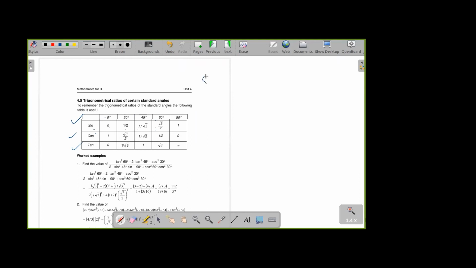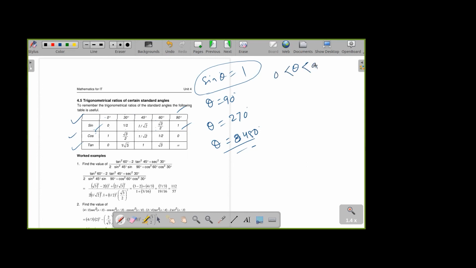If I write sine theta equal to 1 and ask students to find this value, one student will say sine 90 degrees is 1, so theta is equal to 90. But some smart students can say theta is equal to 270 degrees, or 450 degrees, and so on. So the writer limits this to save himself.